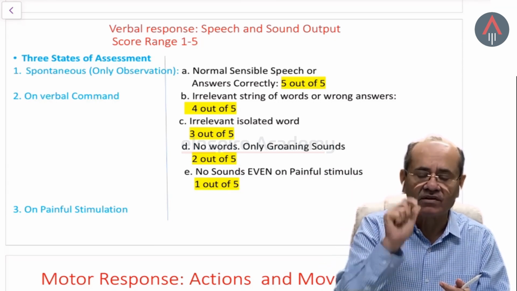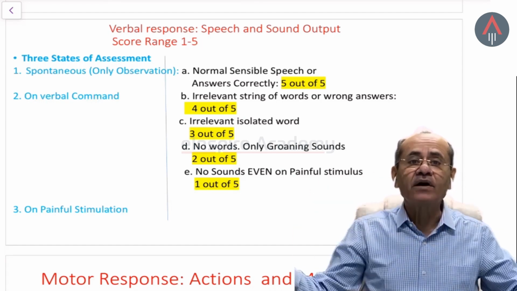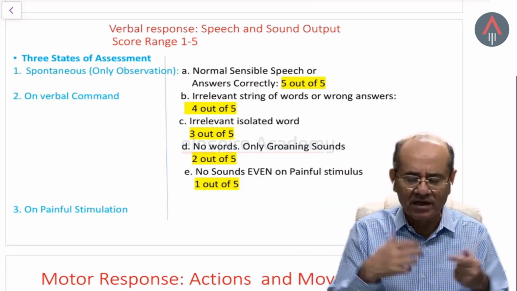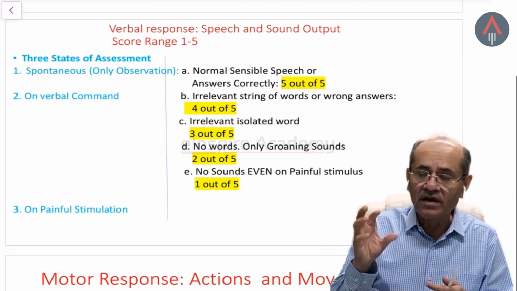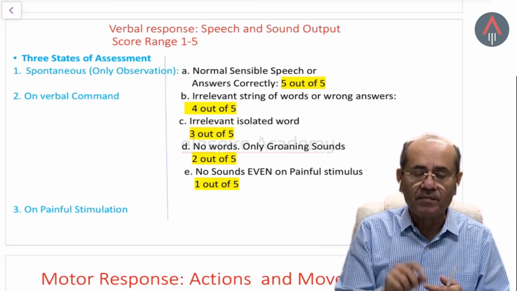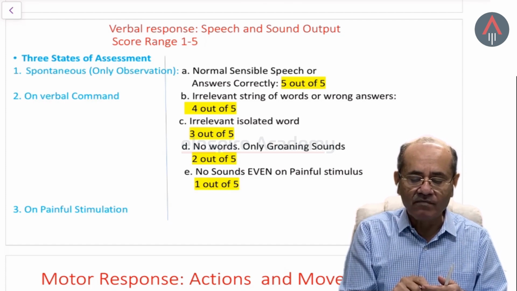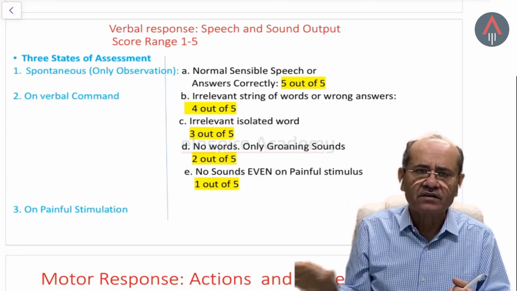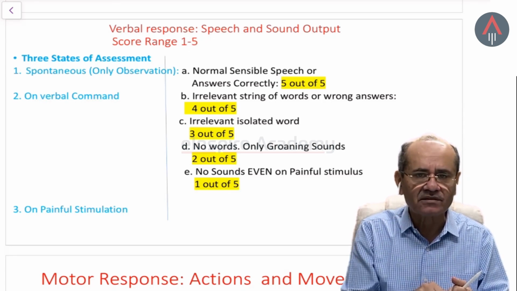He gets 3 out of 5 marks. And if there are no words, only sounds, the groaning sound, something like that, crying. So if there are only crying or groaning sounds, the patient gets 2 out of 5 marks. And if even on deep painful stimulus there is no sound, then he gets 1 out of 5 marks.